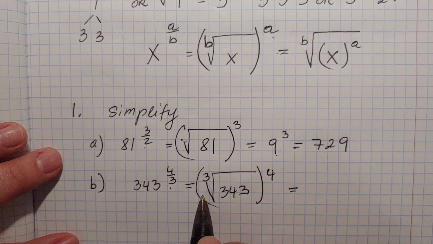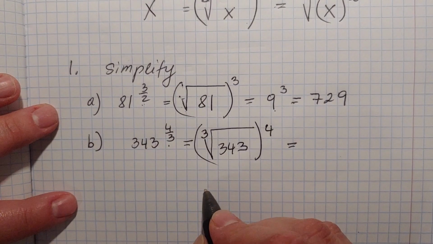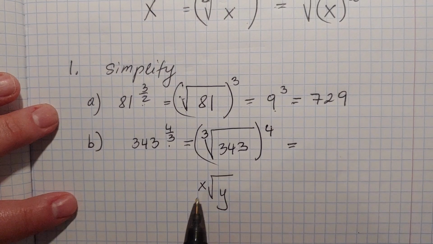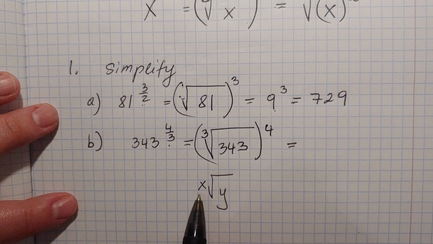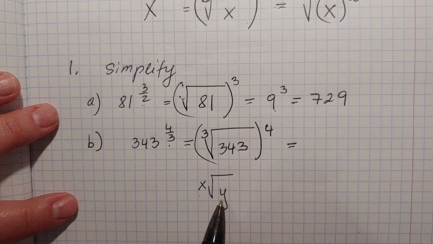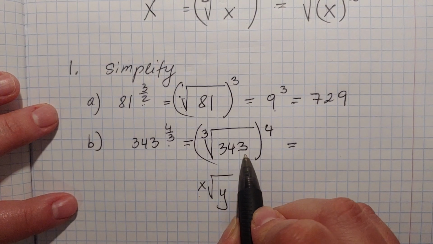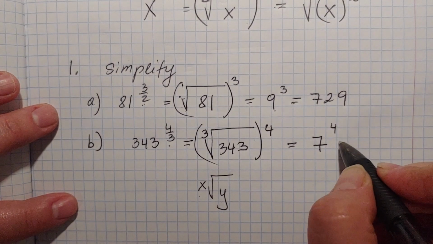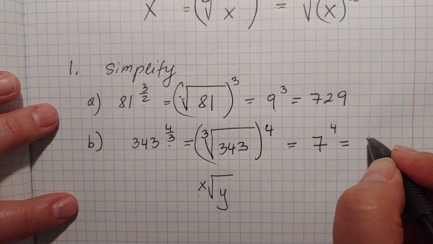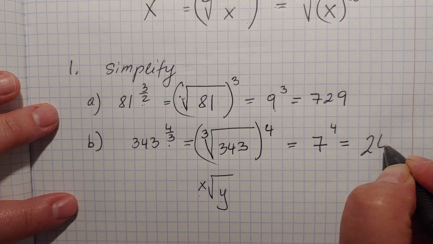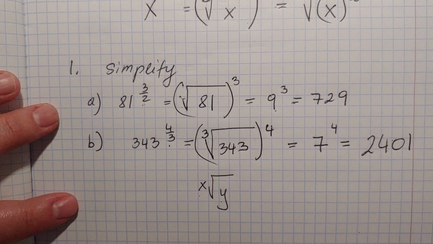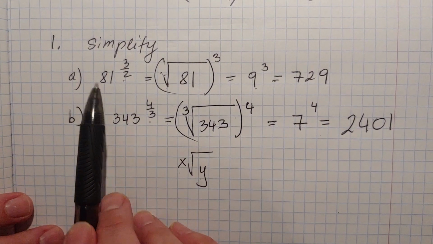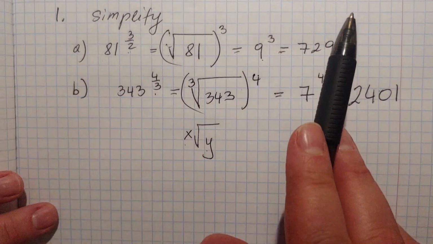If you use your calculator, it probably has this option, like it says x root y, so you probably have to put whatever your root is and then whatever number you're using. But the third root of 343 is 7, and then I have to take it to the 4th power, which is going to be a big number, 2,401. So that's one type of problem, simplifying. You're given a number, you have to end up with a number.